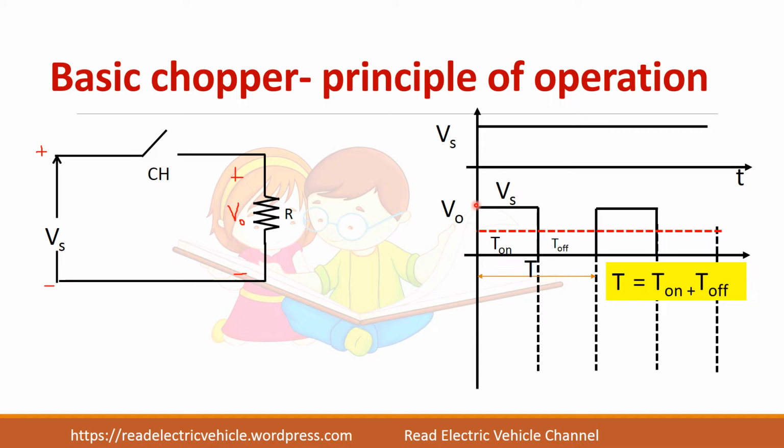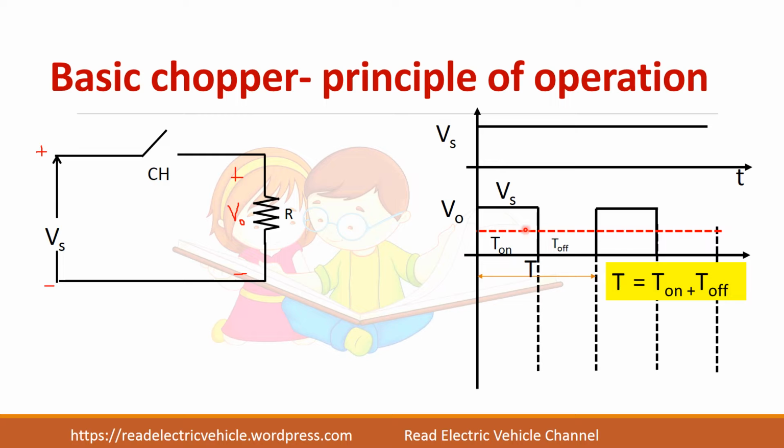So during on time you get the supply voltage across the load, and during off time it is 0. Then again in the on period you get the voltage, in the off period it is 0. So on period plus off period, that one cycle of on and off, is called the total time period T, which is equal to 1 by f, where f is the frequency.